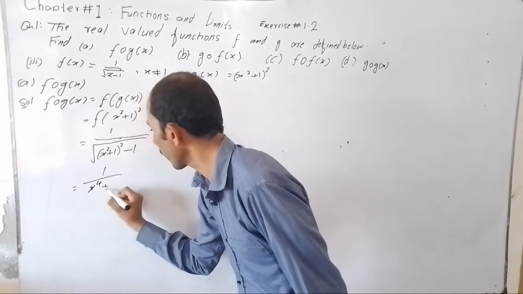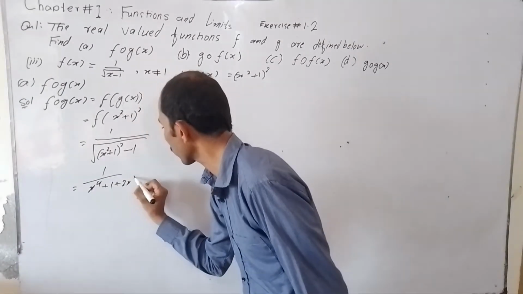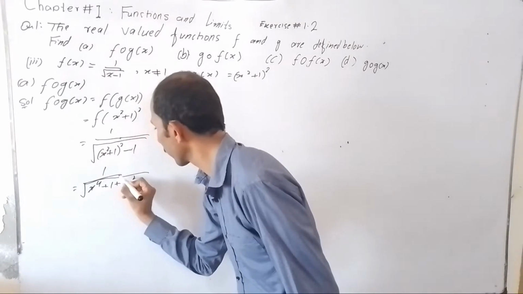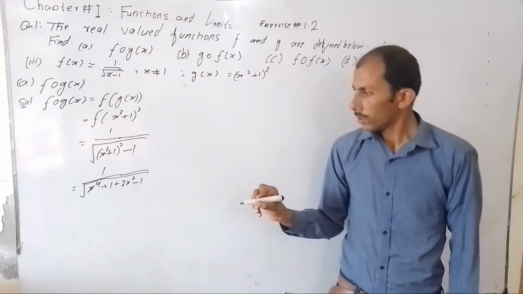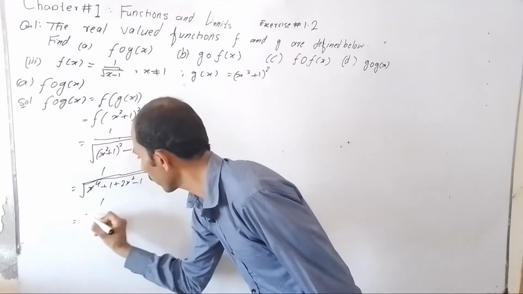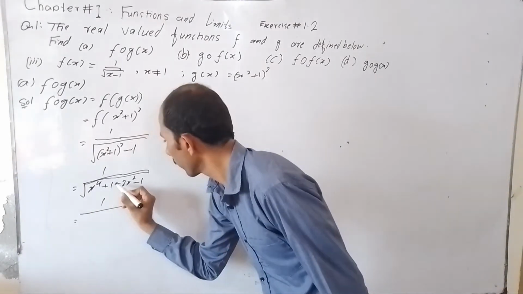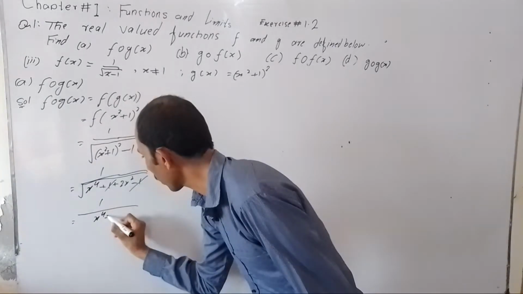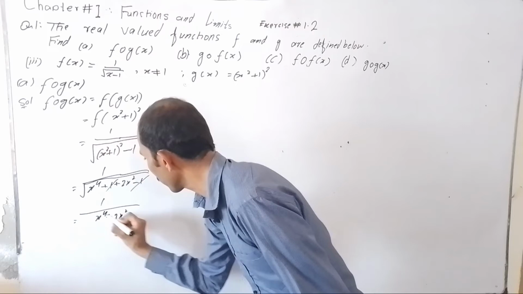Equal to 1 divided by under root of x power 4 plus 1 plus 2 x square minus 1. The 1 and minus 1 cancel, giving x power 4 plus 2 x square under root.